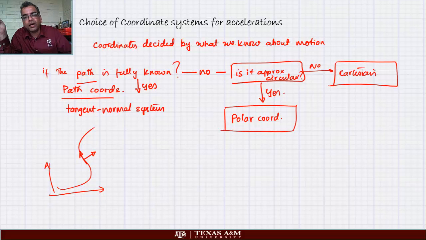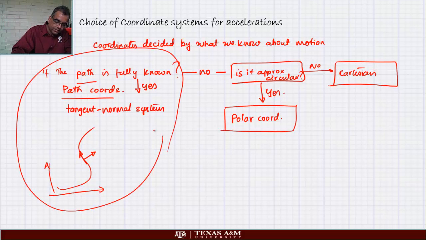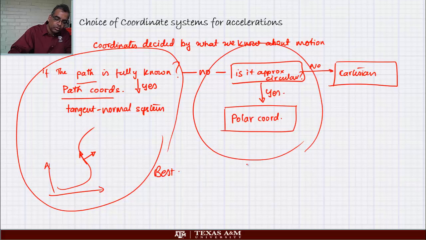If you don't know anything about the path, it's not circular, we don't really know where it's going, then it's probably best to use Cartesian because that's the easiest one if you don't know anything. But if you know something, path coordinates are the best. Polar is useful for engineering. Cartesian is our fallback.